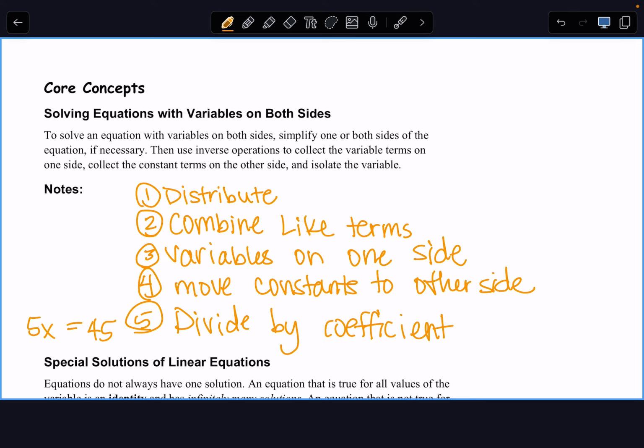Okay, now none of that should be new. Something that is maybe a little strange is we might not always have an answer that works, or we might not have just one answer that works.